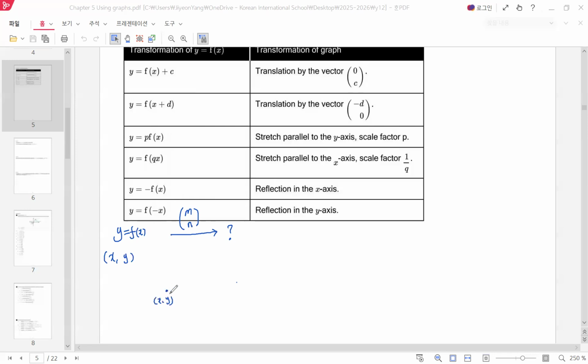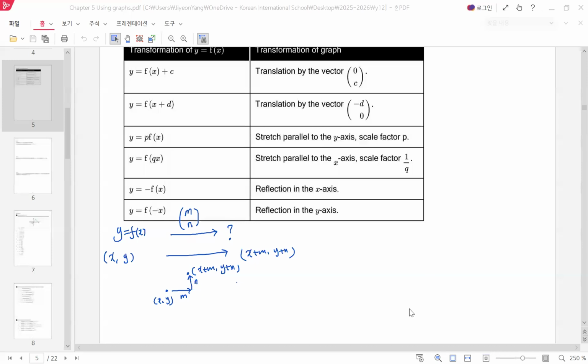If you want to translate this coordinate m units in the x direction and n units in the y direction, the new coordinate is going to be (x plus m, y plus n). It's very natural, isn't it? So (x plus m, y plus n).